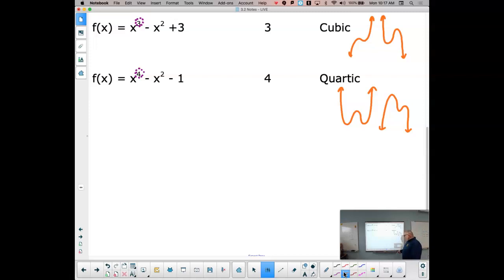If we went with a 5th degree, a quintic function, we'll just say x to the fifth here. My degree would be 5. It would be quintic.